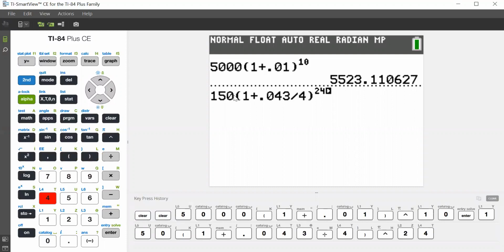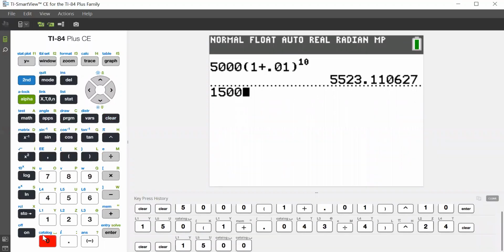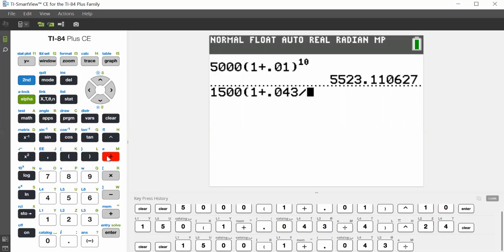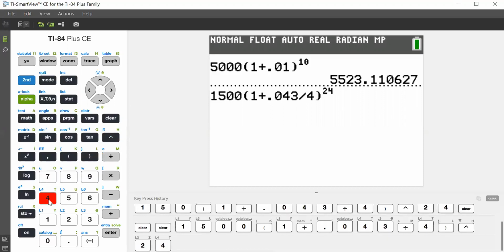Yes, I did. It was 1,500. Can I go back? Yeah, just clear. 1,500, 1 plus 0.043 divided by 4, and to the 24th power. There it is. And if I hit enter, I get $1,938.